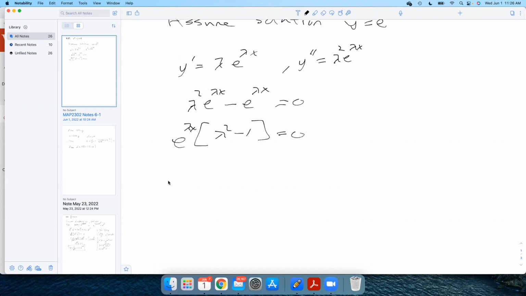Okay, e to the lambda x never equals 0. So I'm allowed to just divide through by that and say, oh, well, lambda squared minus 1 must equal 0. That's a difference of squares, that's lambda minus 1, lambda plus 1 equals 0. We call this guy right here the characteristic polynomial.